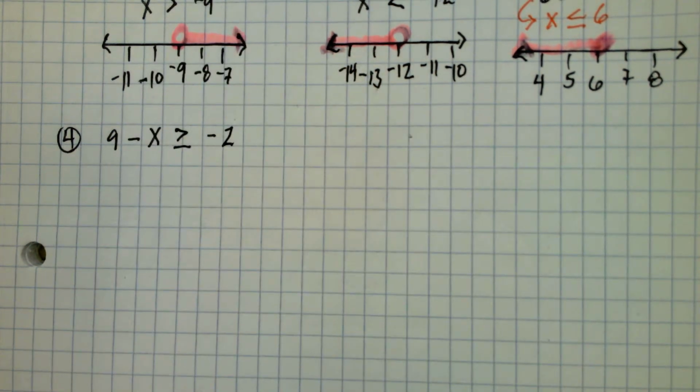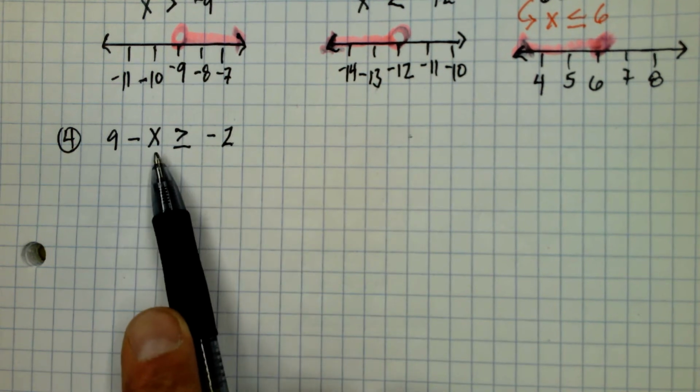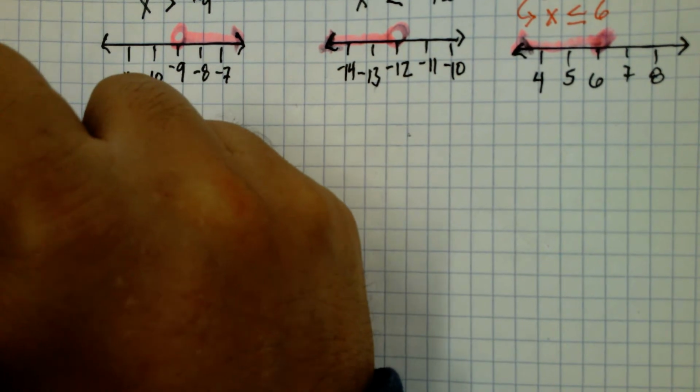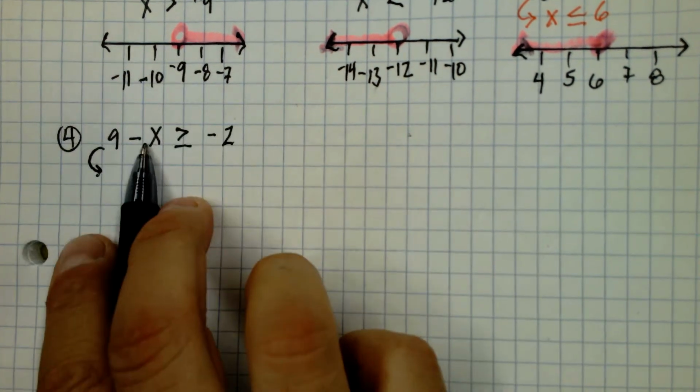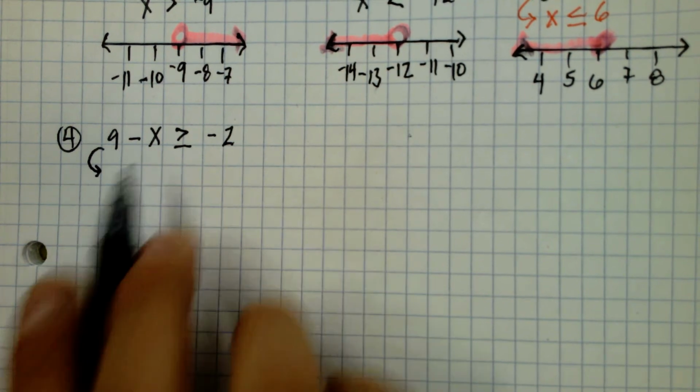Okay. So it looks like just a regular old 1-step equation, except we have minus x. Do you notice that? I'm going to write this a different way because I could put a number here. Remember what number can go there? 1.